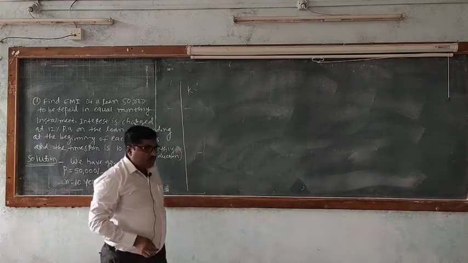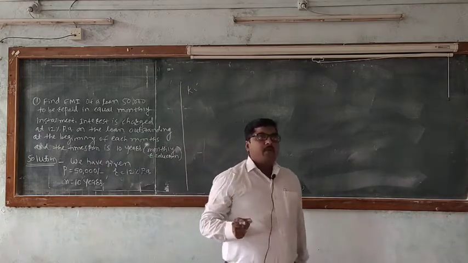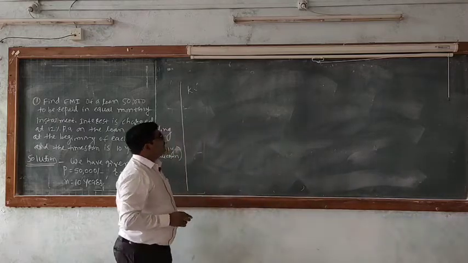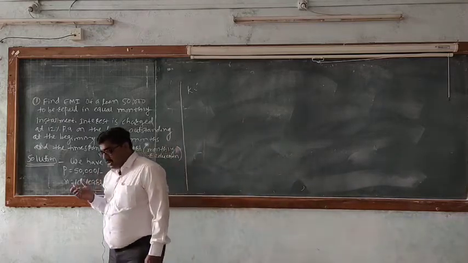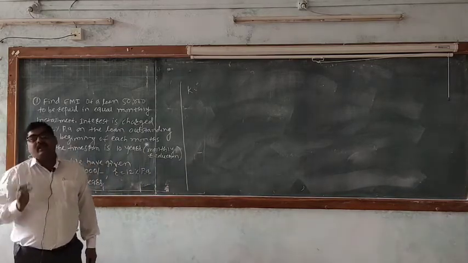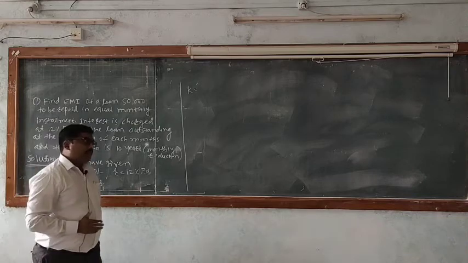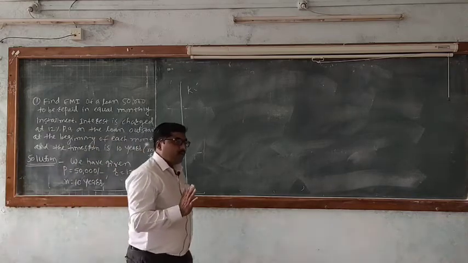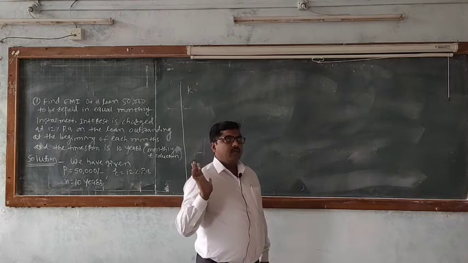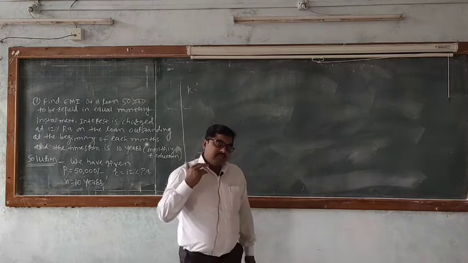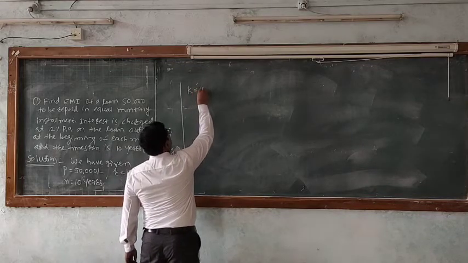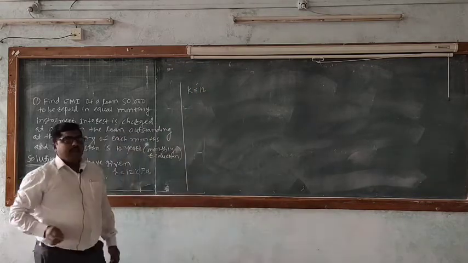K is what? K is the number of conversion periods per year, right? So your reduction is how? Your reduction is monthly, right? So in a year, how many conversions in a year? 12, because the reduction is monthly. So therefore K is equal to 12, right?